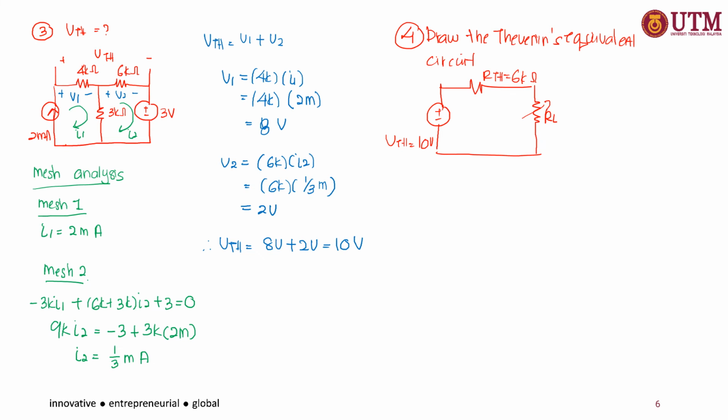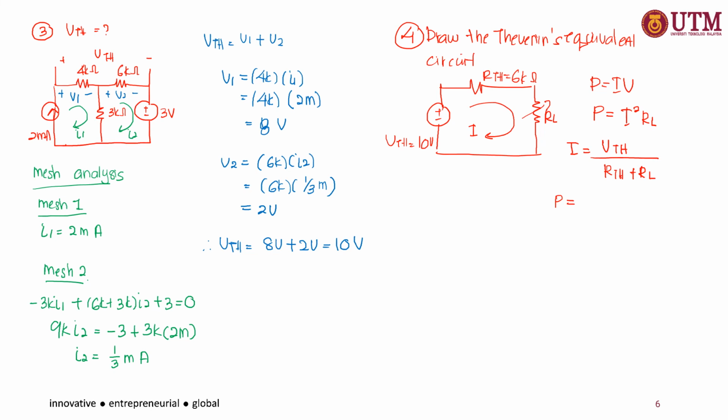In order to find the power, we use the IV equations, and we want to find the power at this RL. So P is equal to I to the power of 2 times RL. I refers to this current, which is equal to the Thevenin voltage divided by RTH plus RL. So substitute this I into these equations.